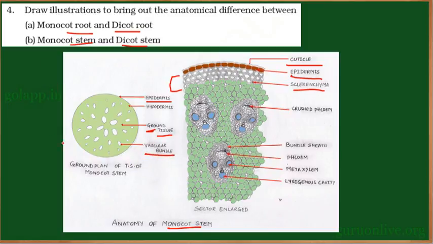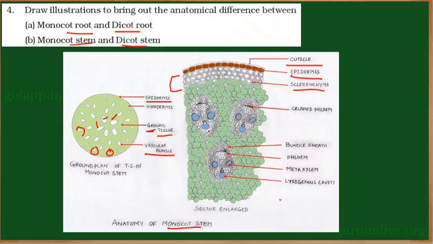Vascular bundles are arranged in such a way that at the periphery there are more vascular bundles of smaller size, but at the center there are large vascular bundles but the number is less. Each vascular bundle is conjoined, collateral and closed type.